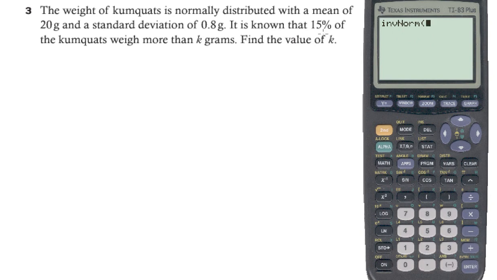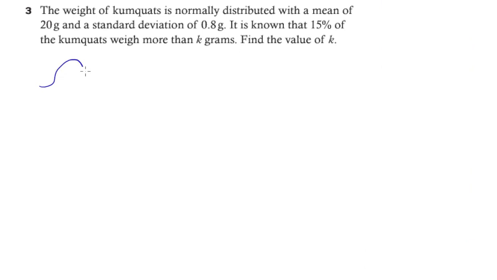Okay, so inverse normal is simply, instead of an upper and lower bound, you just want to do the percent. Now the percent can be a little tricky. It says it's known that 15% of the kumquats weigh more than k grams. So you can kind of look at it like this. Here's our little normal distribution. 15% of the kumquats weigh more than k grams. So we are looking for the top 15%.